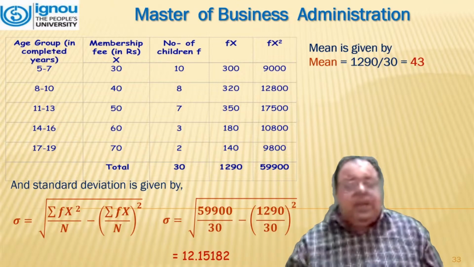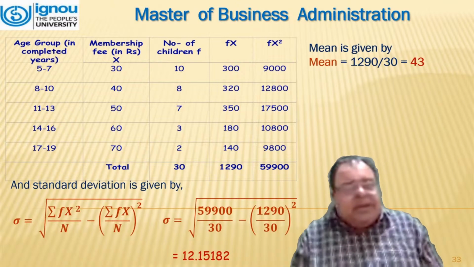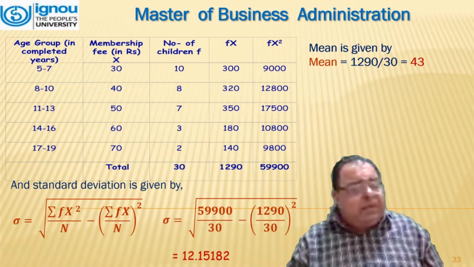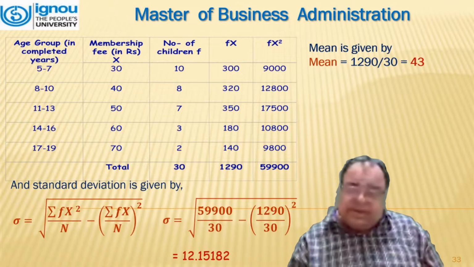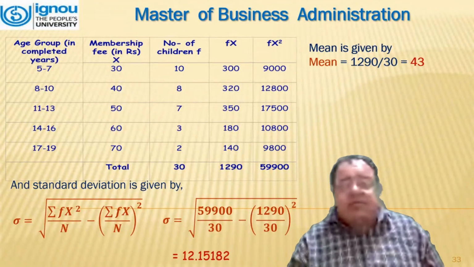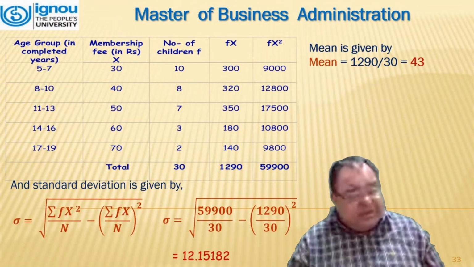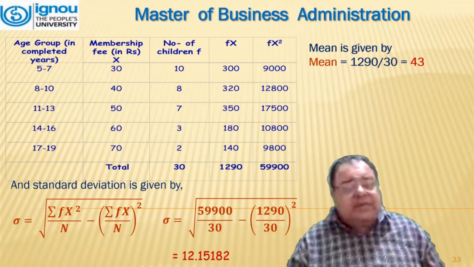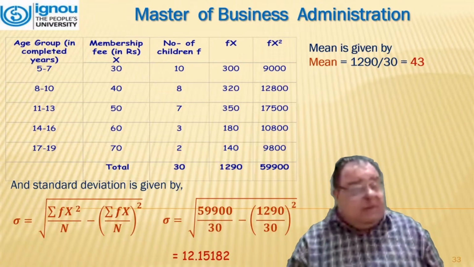Membership fee is denoted by x, and number of children is the frequency, that is f. We have to calculate fx first. That means column number 4 will be evaluated first, that is fx.